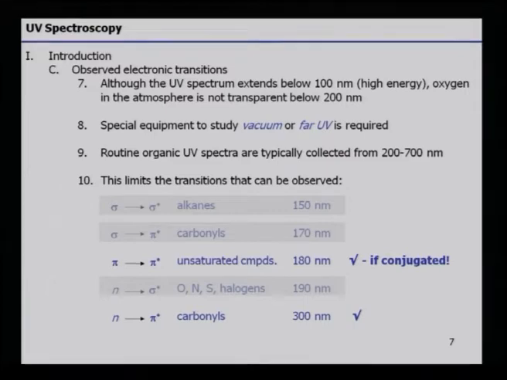So, it should be remembered very clearly that only under very special conditions is the vacuum UV or far UV actually practiced. The more popular, routine UV spectroscopy deals with the region between 190 or sometimes 200 to 700 nanometers.